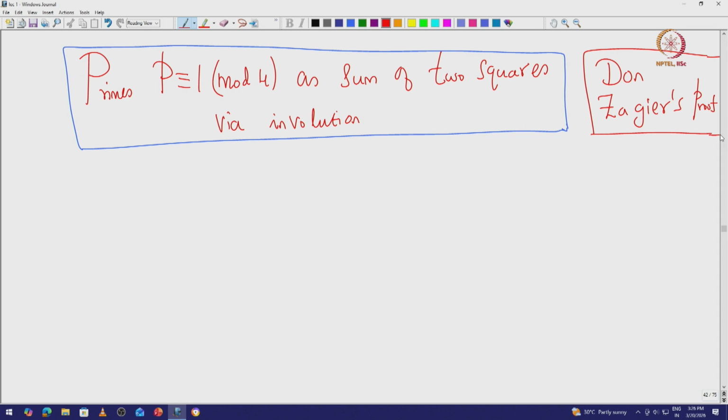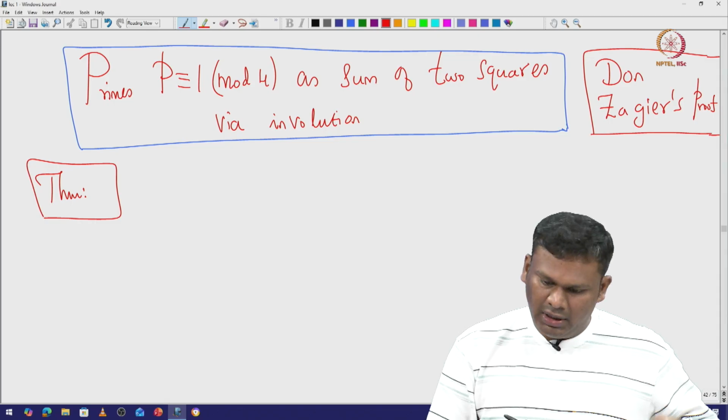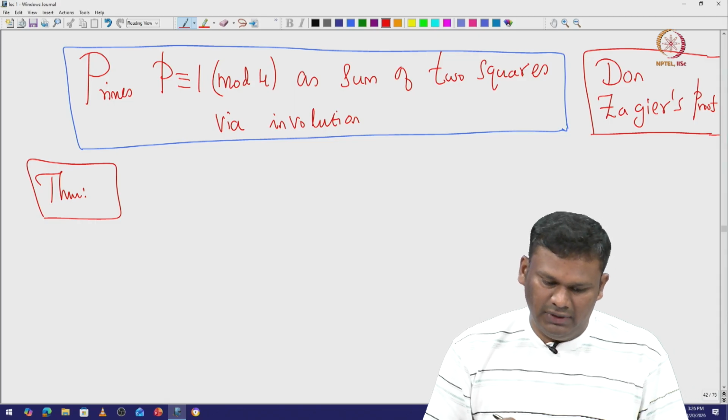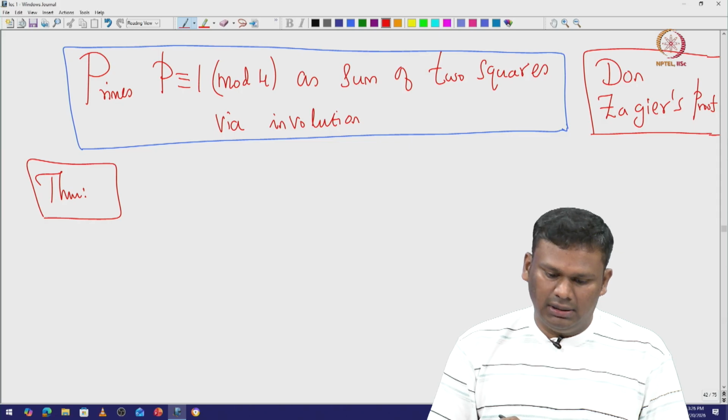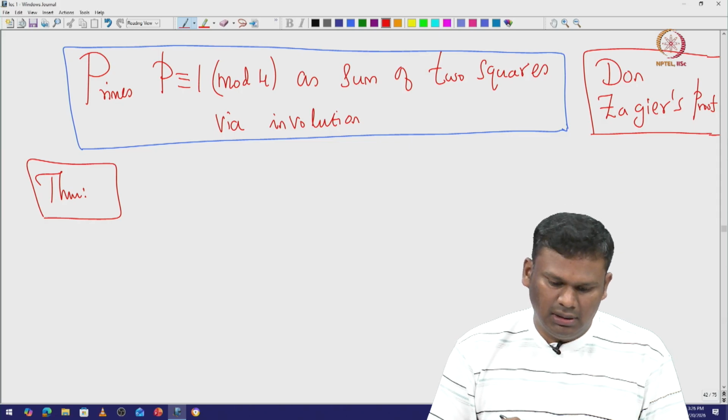So, let me state the theorem and then we will slowly prove this. Of course, this theorem can be proved using some more advanced algebraic ideas that you will be seeing in the later part of the course, that involve understanding the quotients of polynomial rings defined over integers.